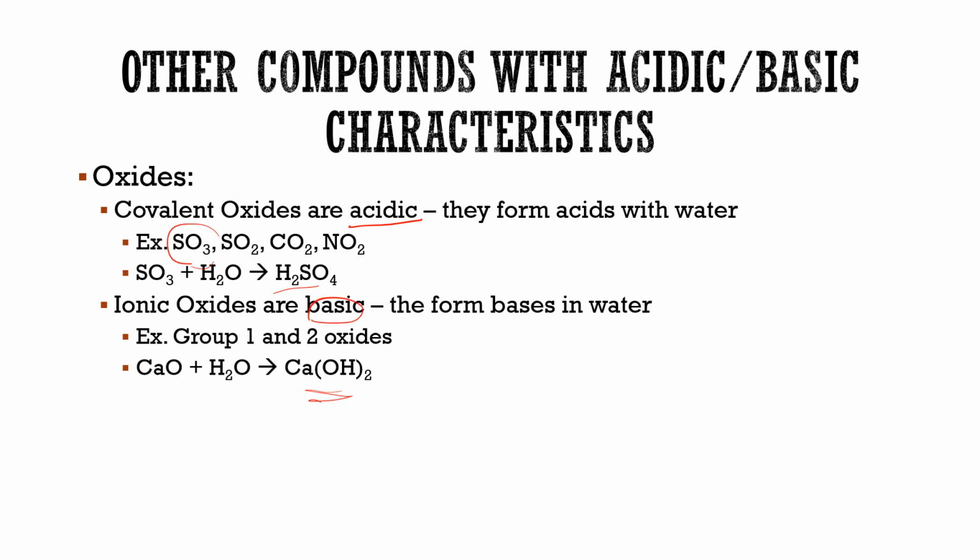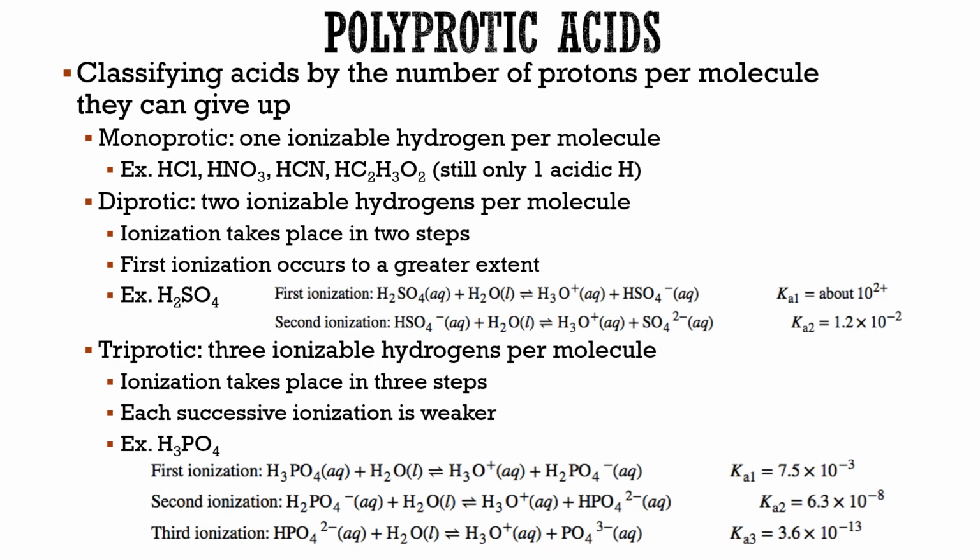Last but not least, we have polyprotic acids. You're not going to have to do any type of calculation with a polyprotic acid. You just need to be aware of a couple things. So, of course, monoprotic, meaning that there is one acidic hydrogen, so one hydrogen per molecule.